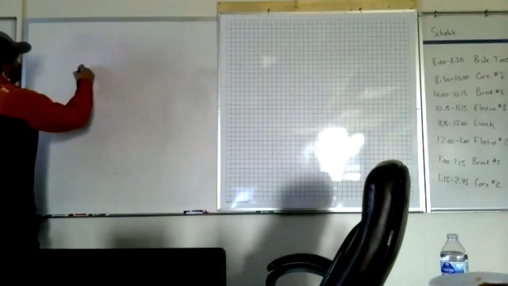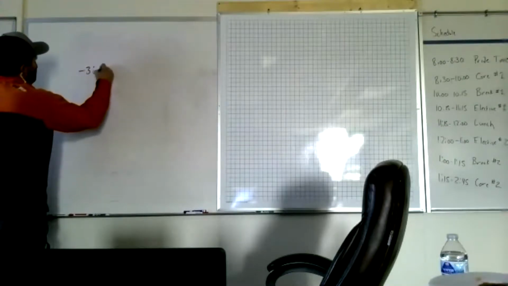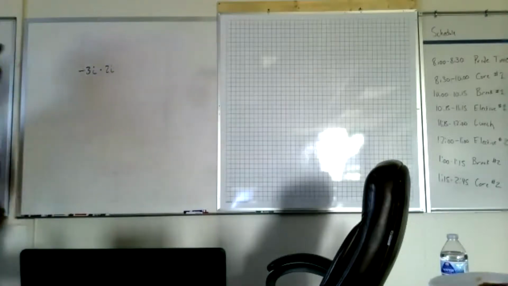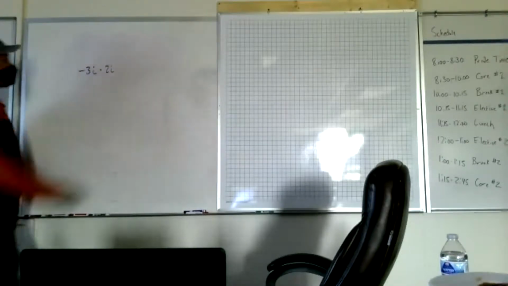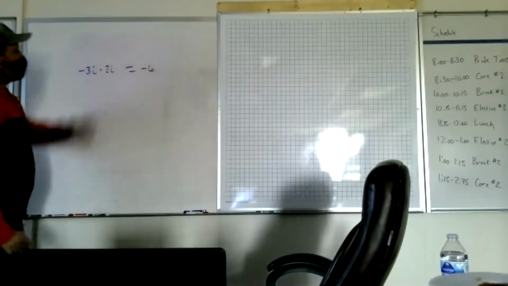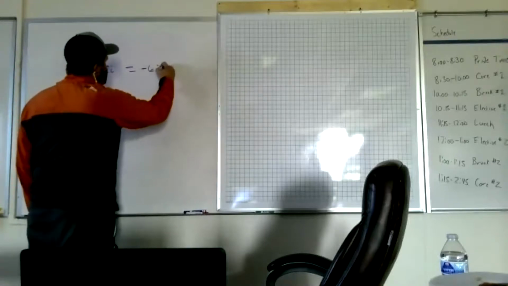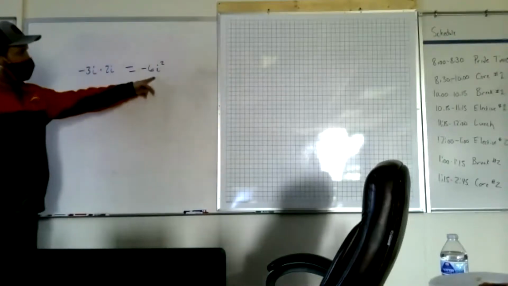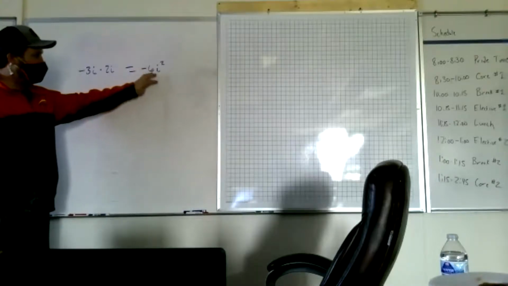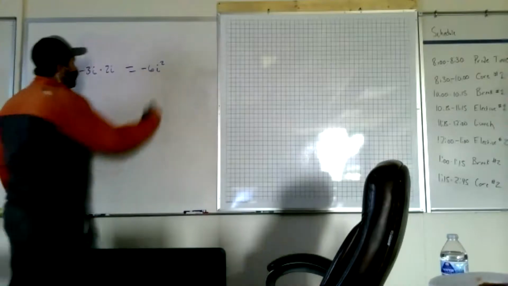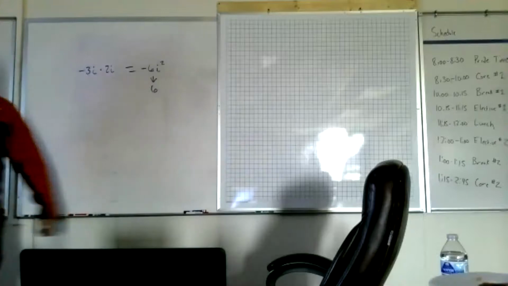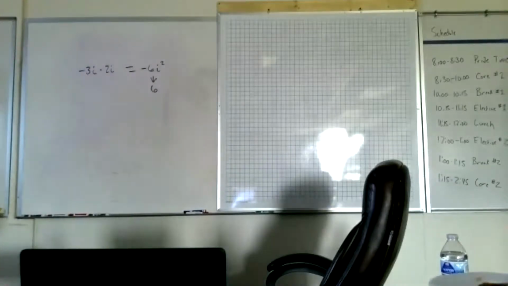So in this case, we'd have negative 3i times 2i. Okay, negative 3 times 2 gives you a negative 6. i times i gives you i squared. Okay, i squared is equal to a negative 1. So this is really negative 6 times negative 1, which flips the sign, and your simplified answer will be a real number of 6.